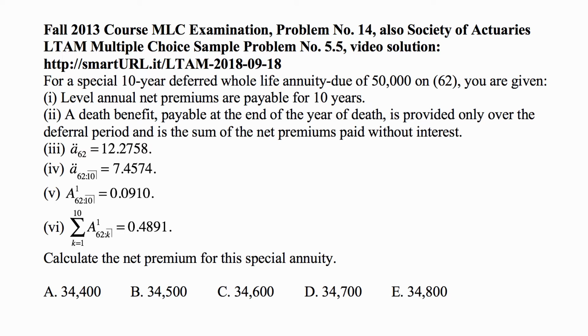And the sum from k equal 1 to 10 of term insurance over k years on a 62-year-old is 0.4891. Calculate the net premium for this special annuity.